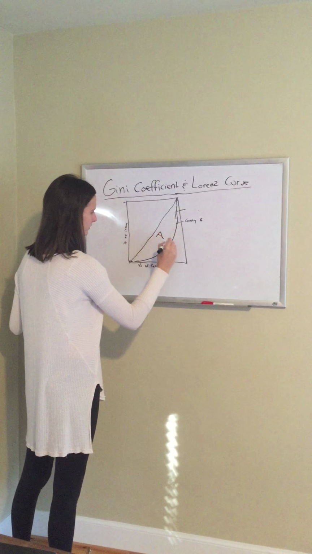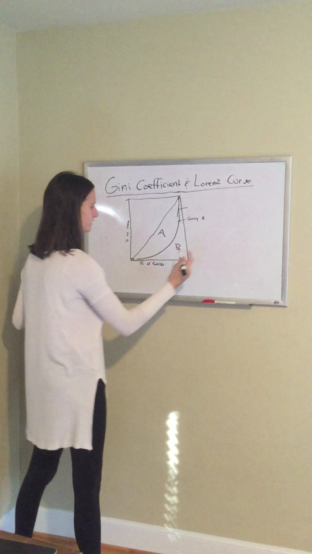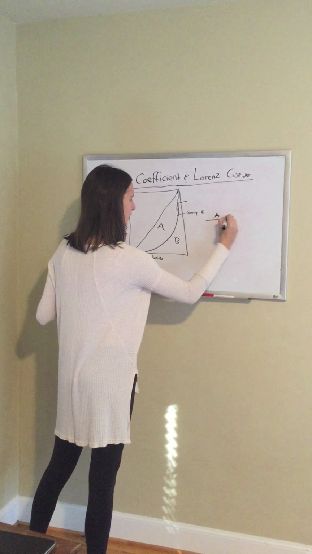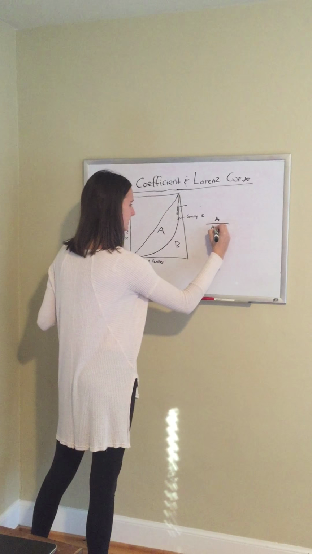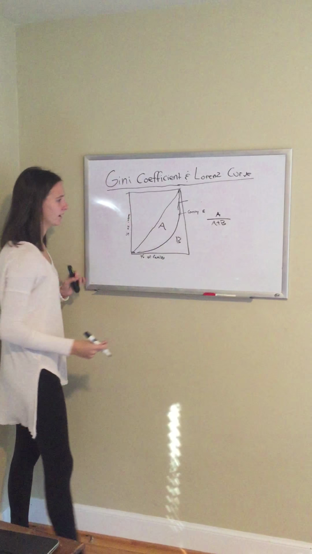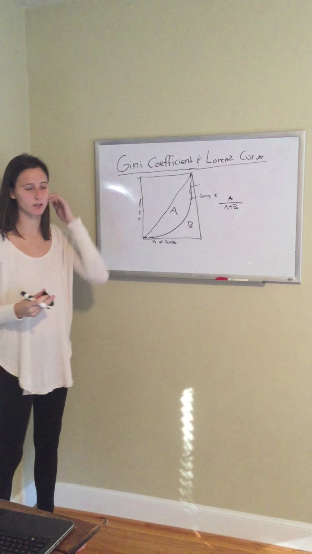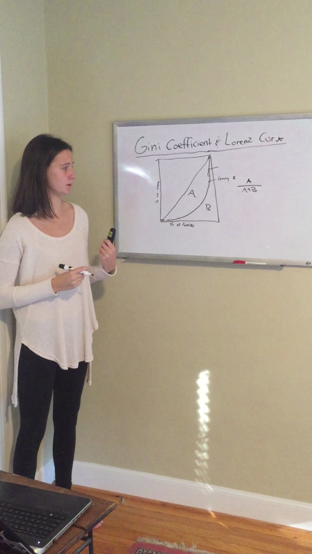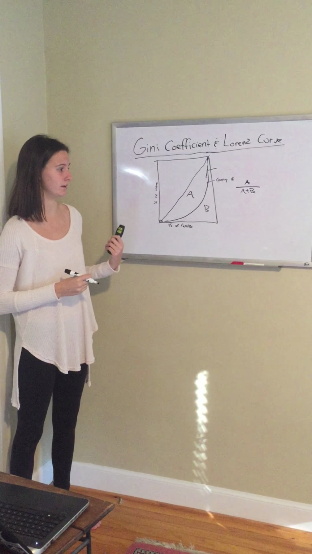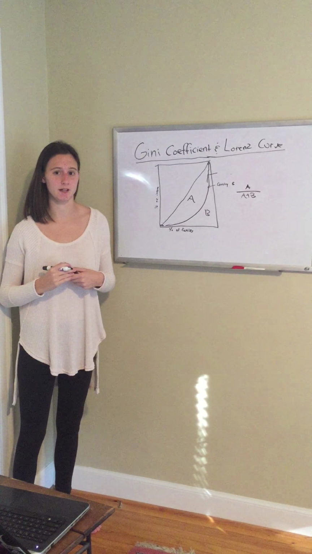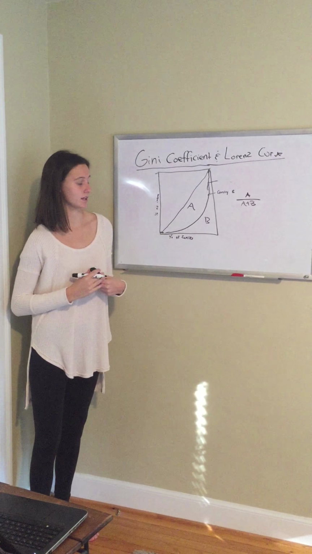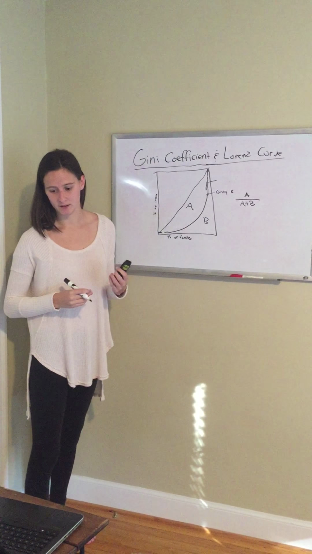So the Gini coefficient equals this proportion right here, A over A plus B. And that should equal a number between 0 and 1. 0 represents perfect income equality, and 1 would represent perfect income inequality, or complete income inequality.